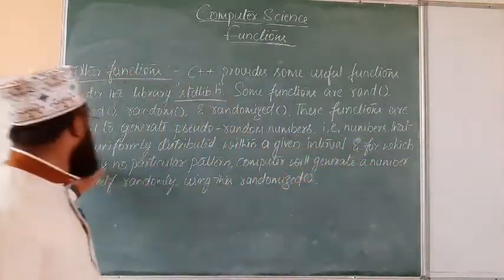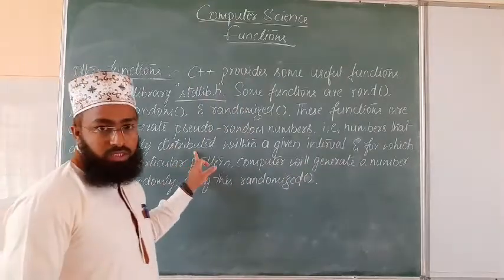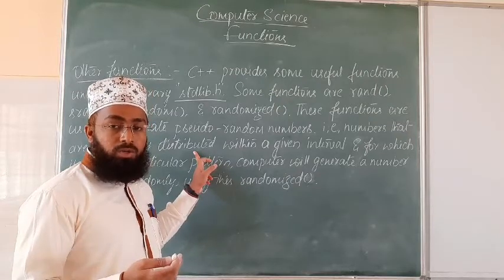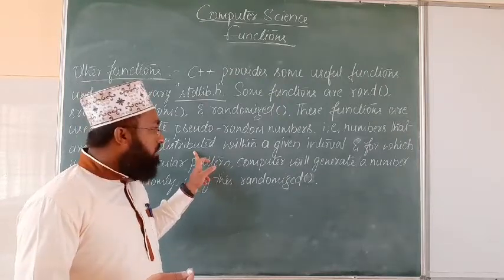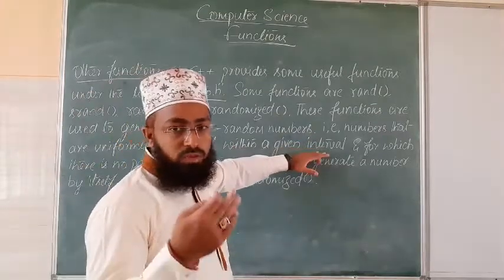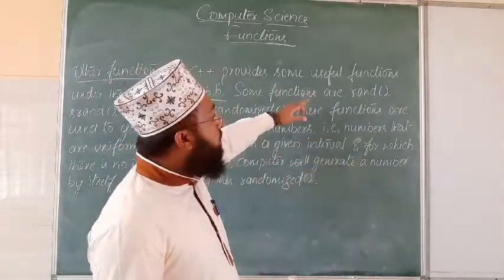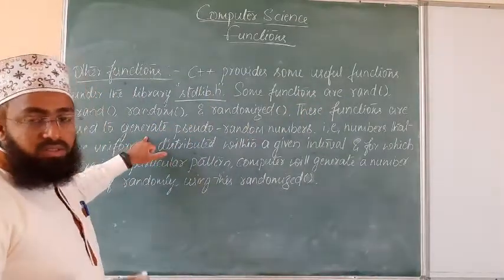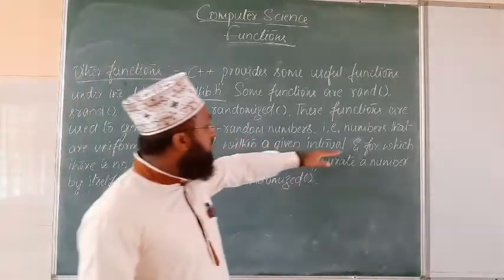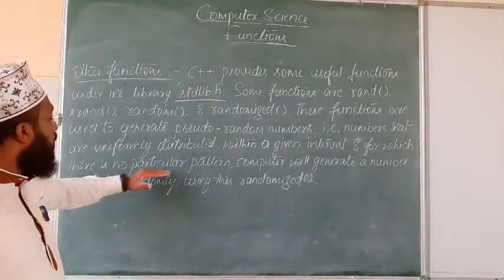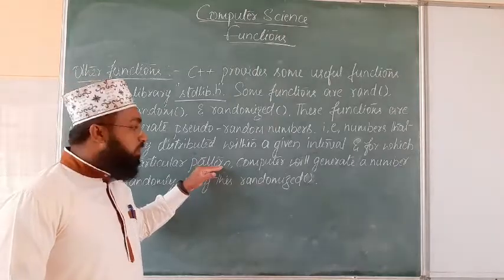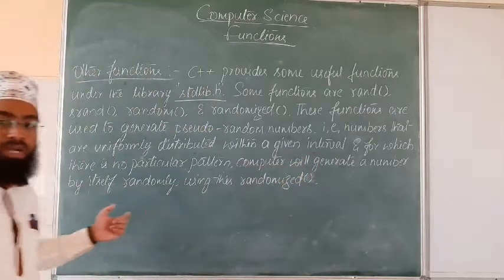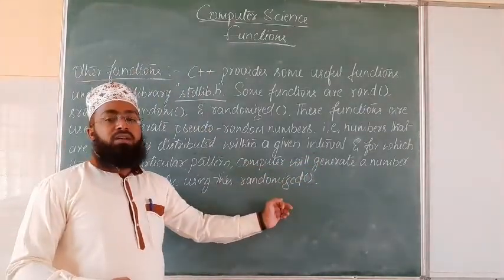Numbers that are uniformly distributed within a given interval can be called pseudo-random numbers. They are generated within a given time, and there is no particular pattern. Then the computer will generate a number by itself using the randomize function.